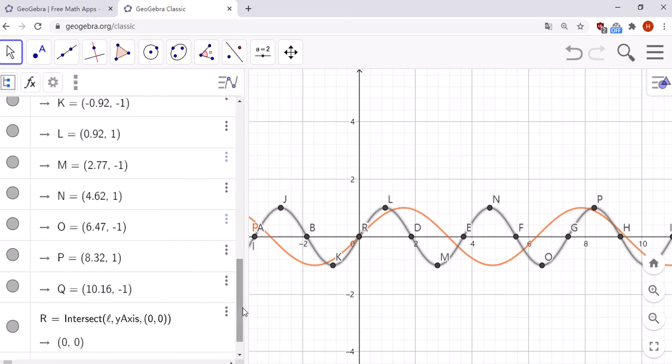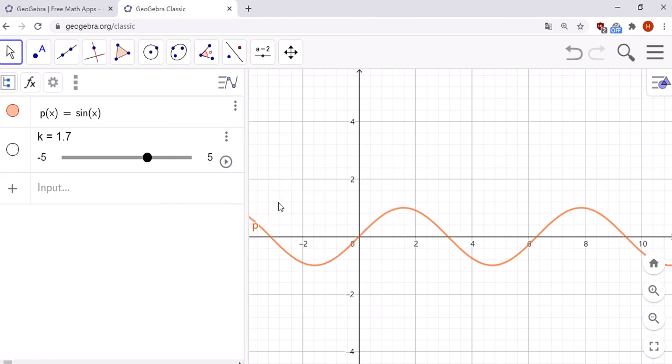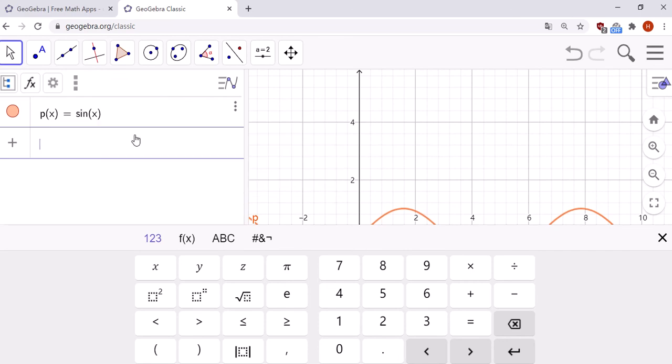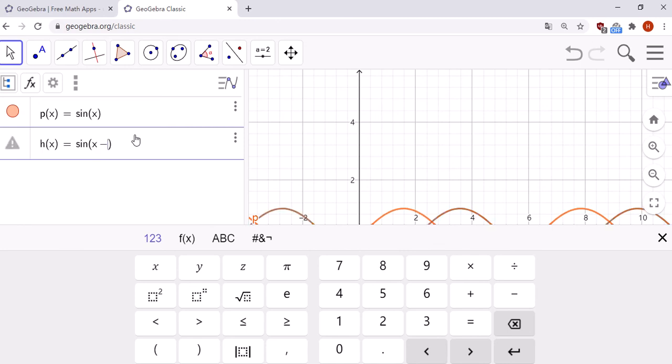Okay, and next we are going to change D, so I'll delete that one. y = sin(x - 1).